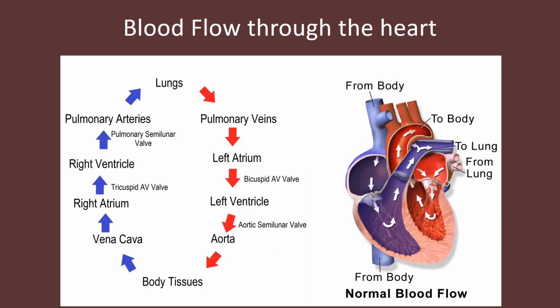It's going to go to the left atrium, then left ventricle, and then that oxygenated blood is going to get pumped to that big, huge aorta to go to our body tissues and give our tissues that oxygen-rich blood. Once we've used that, it goes back to the heart through the vena cava to the right atrium, right ventricle, and then the pulmonary arteries, again, to pick up more oxygen in the lungs. So we're going to look at this a little bit closer in the next slide.